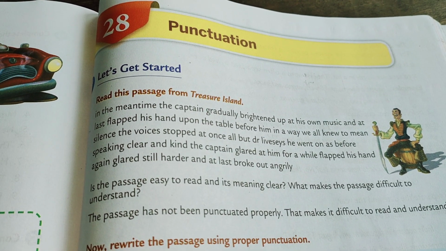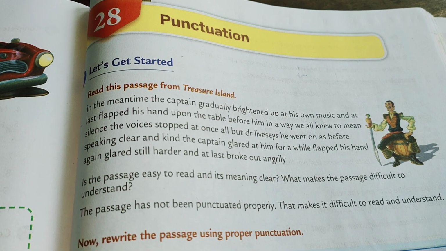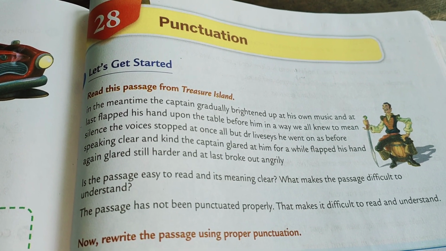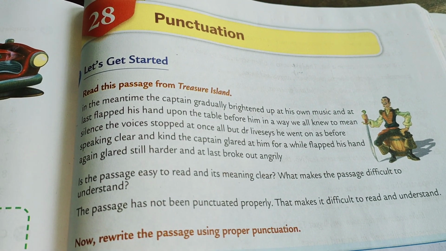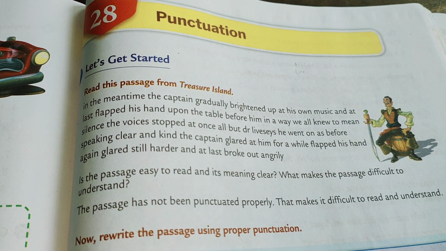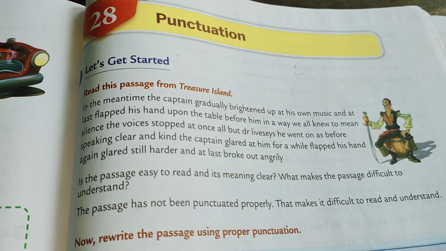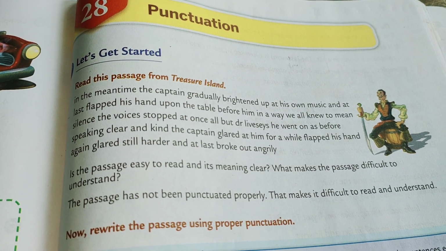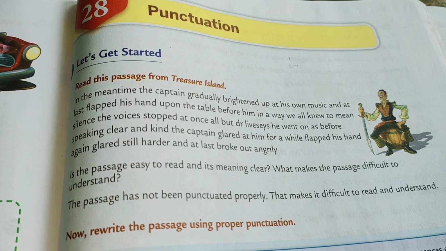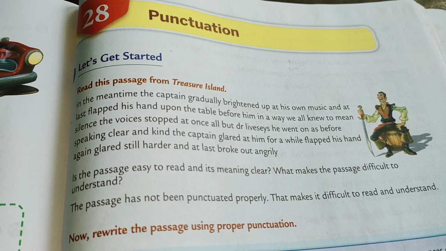If we want to separate certain parts of the speech, if we want to separate certain words in the sentences, so we use the punctuation marks for that. And after using the punctuation marks, the meaning of what we are trying to convey in our speech or in the sentence that we are writing becomes very clear, and the reader or the listener can clearly figure out what we are trying to convey.